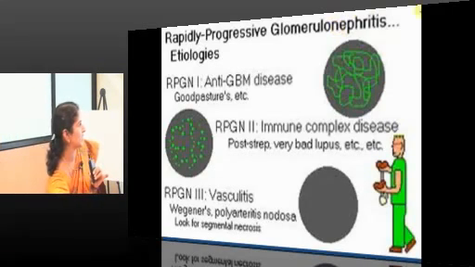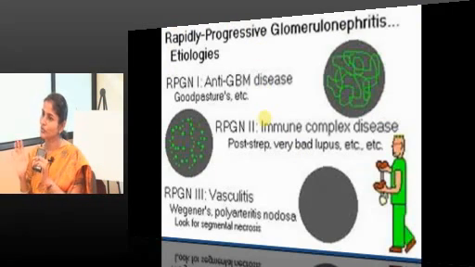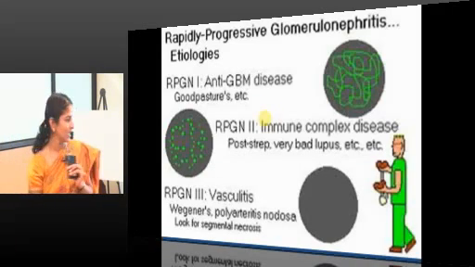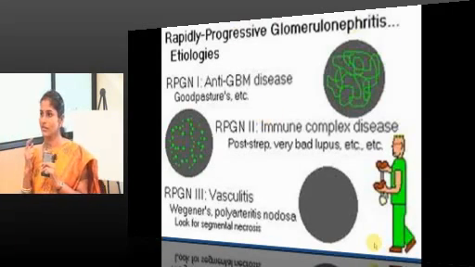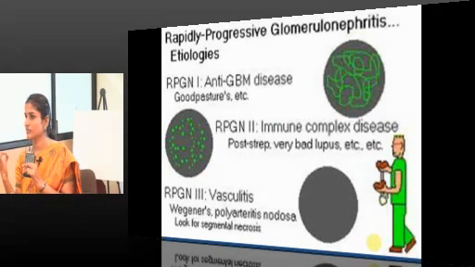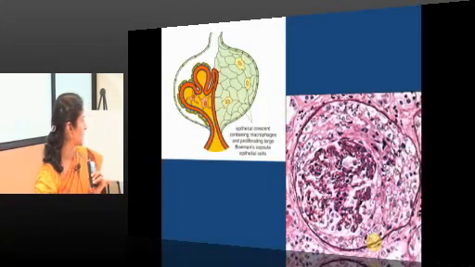So, you have this pattern, but type 2 is basically due to immune complex. Wherever immune complex is involved, you are going to have a lumpy, bumpy, granular pattern. Type 3 is due to ANCA positive vasculitis. So, it is going to show nothing in immunofluorescence. So, this will be the pattern for vasculitis.